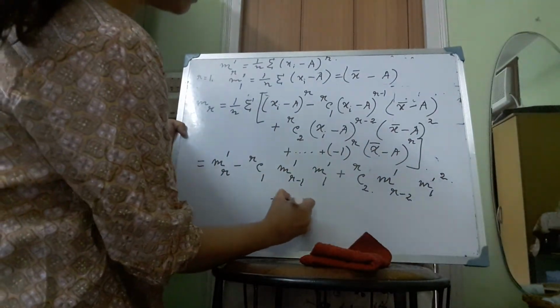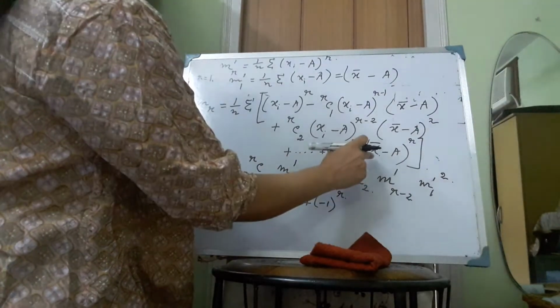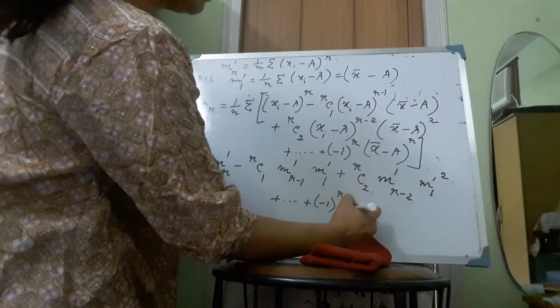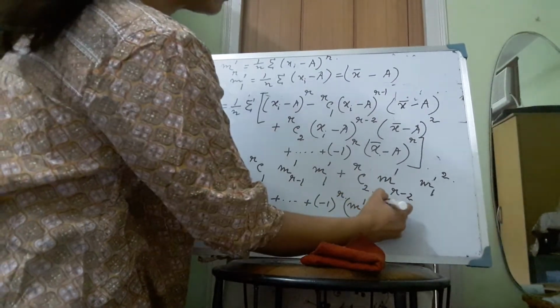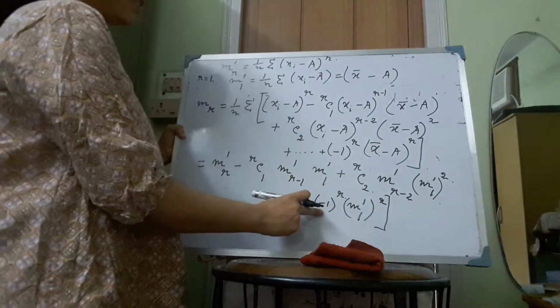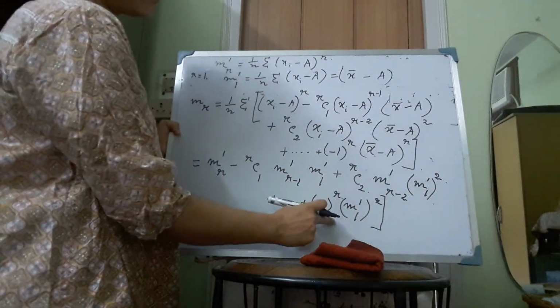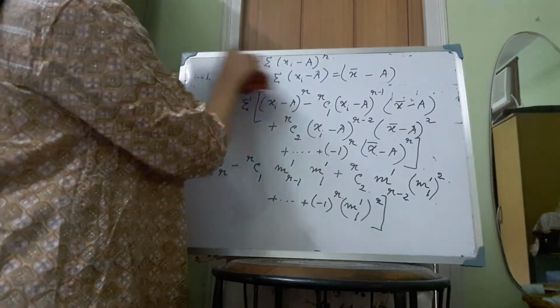And then the last term becomes m1 dash whole to the power r. So with this term minus 1 whole to the power r, we are getting m1 dash whole to the power r in the last term.